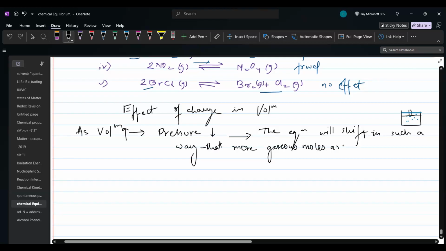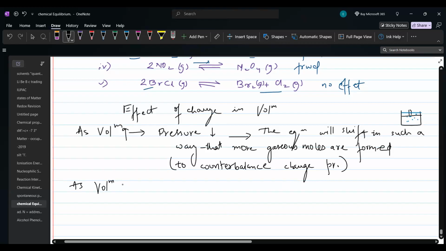You can write, for more understanding, to counterbalance the change in pressure. Since pressure has been decreased, we want more and more gaseous moles so that pressure can increase. That is how equilibrium will be established again. Have you understood? Yes or no? Yes, sir.